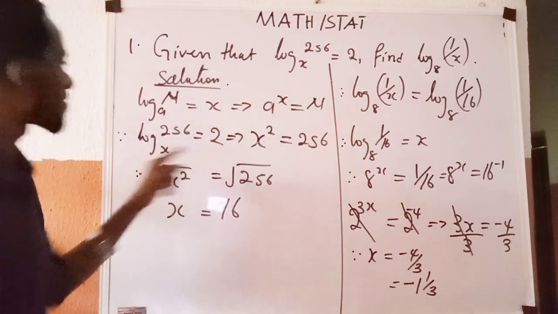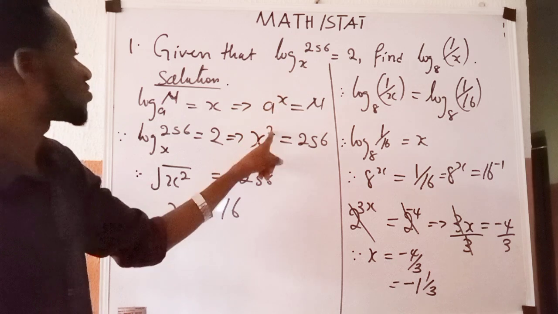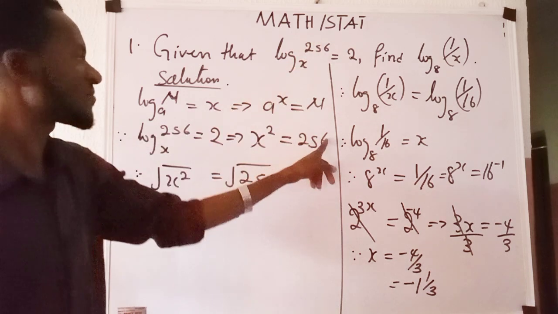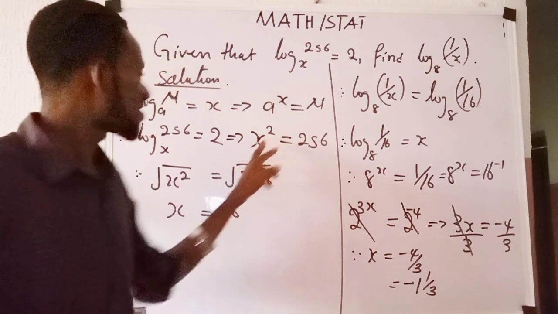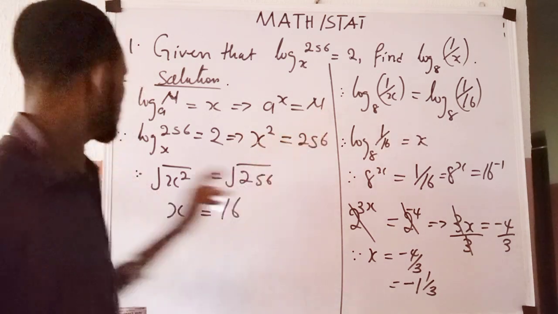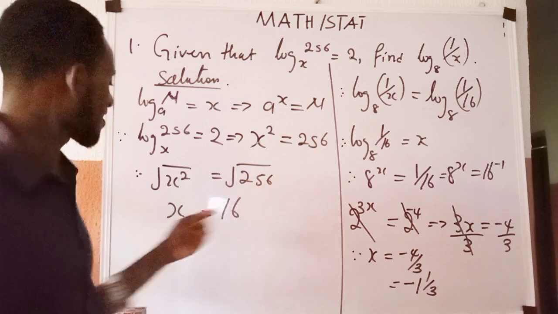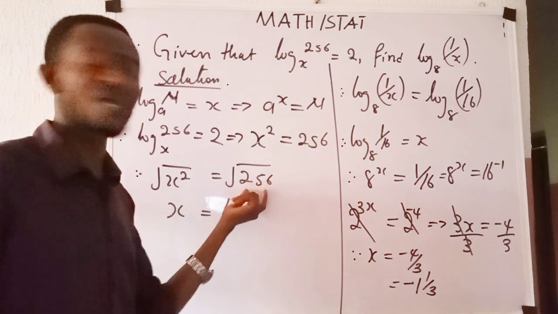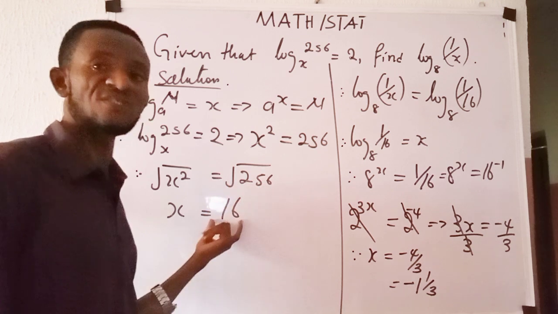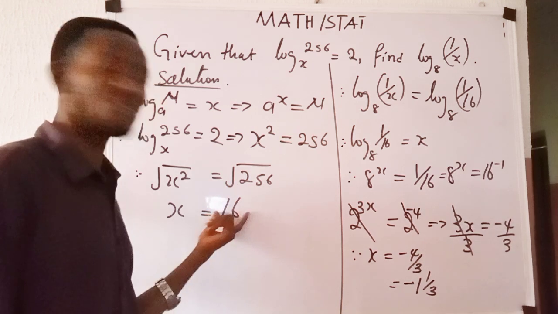So what I did here was x, which is this x, raised to power this 2, equals this number 256. I need x and not x raised to power 2, so I took the square root of both sides. This is square root of x raised to power 2, square root of 256, and this reduced to x is equal to 16, because the square root of 256 is 16. Now I've known the value of my x. It is 16.